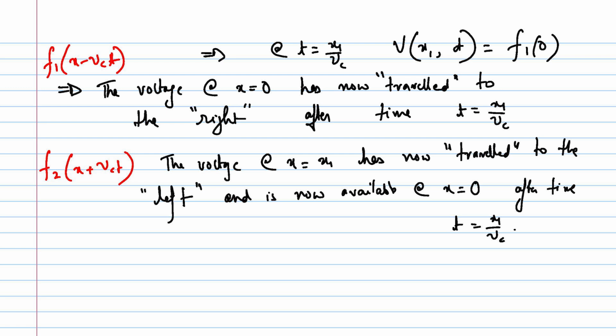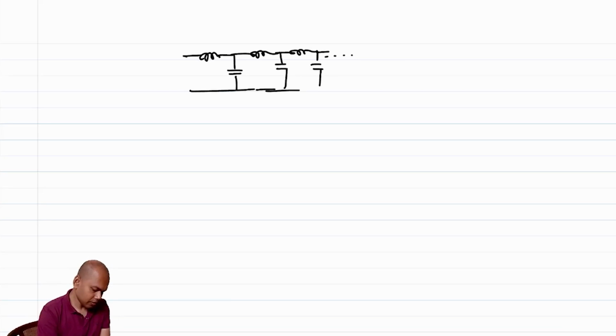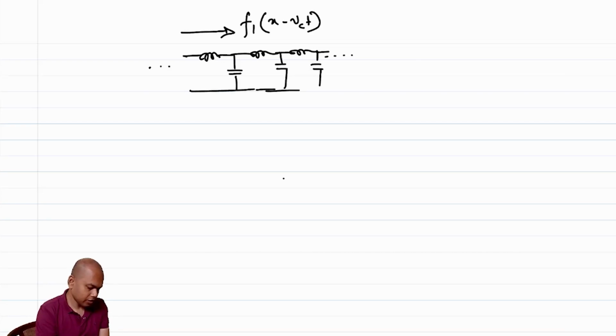Okay, the final conclusion is when you have a line which we have modeled as a transmission line and a wave is launched on it, then you are going to get two waves, one which moves to the right, which is characterized by f1 of x minus vct, and another wave front which moves to the left, which is characterized by f2 of x plus vct, right?